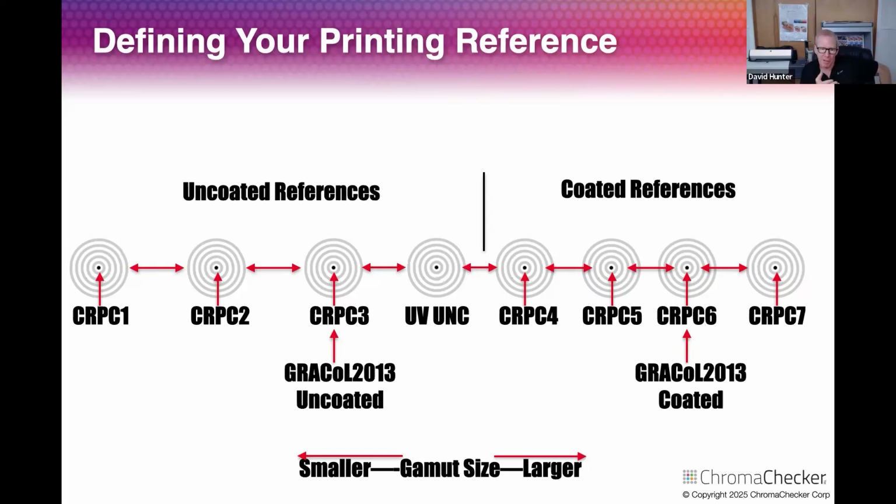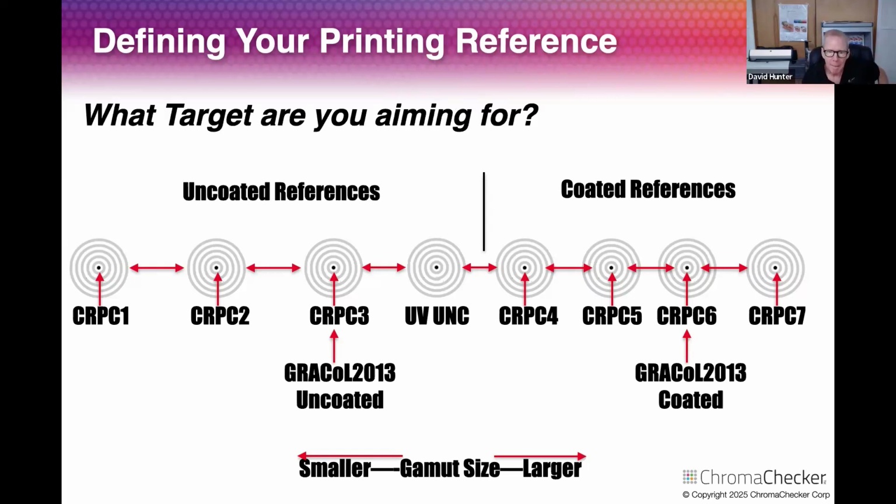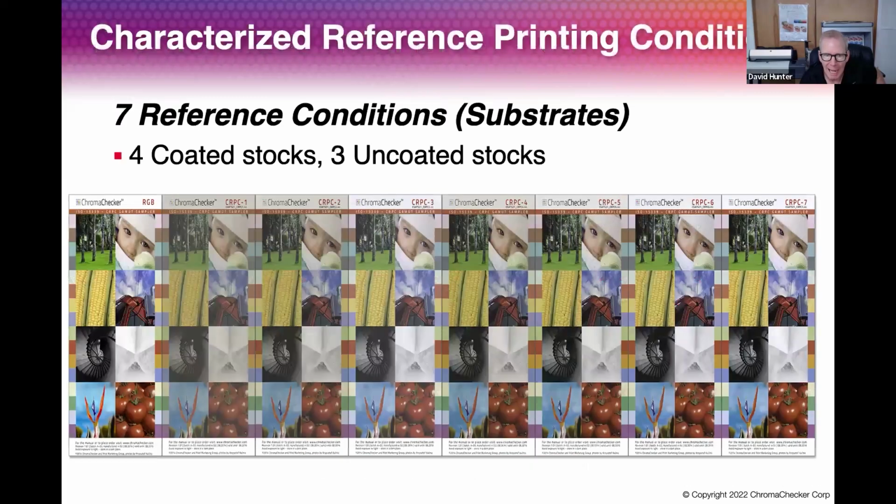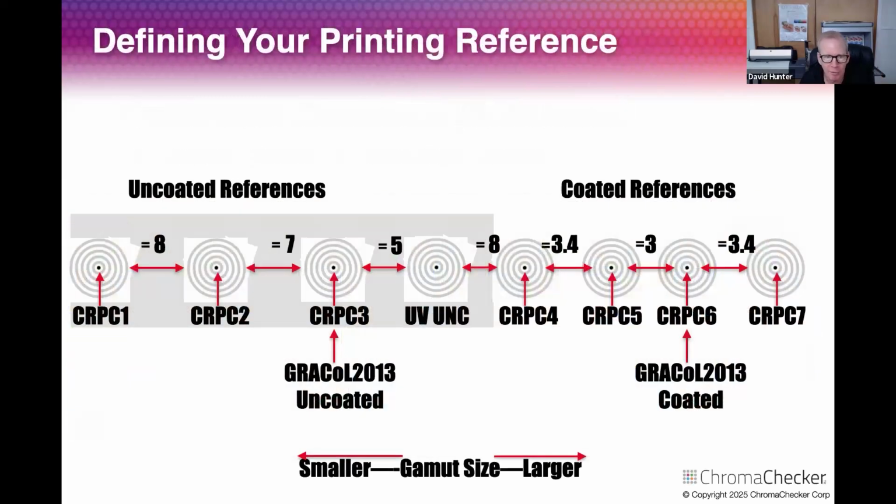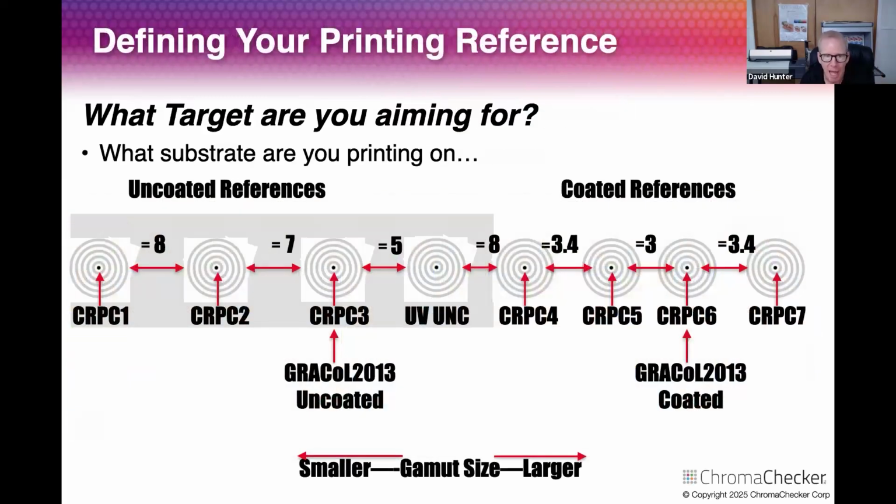And when you talk about this, the first thing you should ask yourself is, okay, what's the difference between these CRPCs? So we can go ahead and look and quantify using E-factor the difference between these CRPCs. So you see the difference between 1 and 2 is an E-factor of 8, 2 and 3 is 7, and so forth. So in this way, we can know how close these references are to one another.